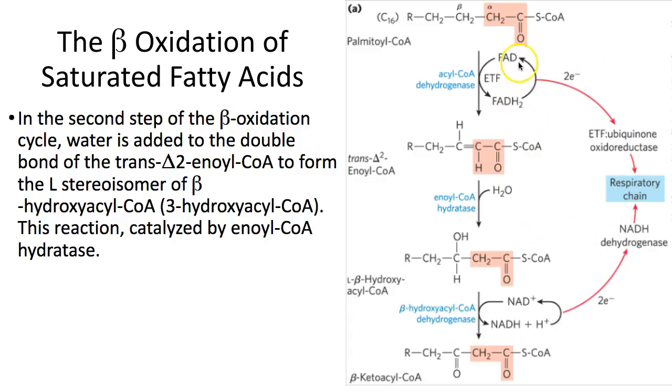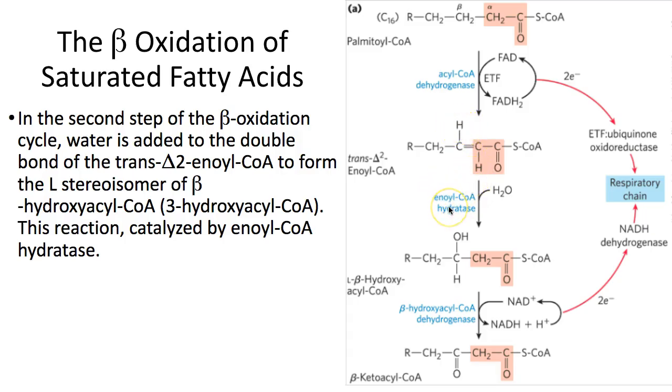So after we just covered this section, now we're going back to the fatty acid that just got oxidized to form that double bond between the alpha carbon and the beta carbon, and having this trans stereoisomer.